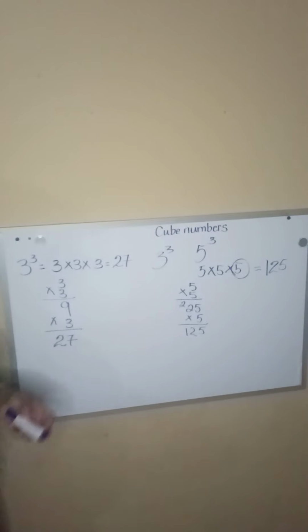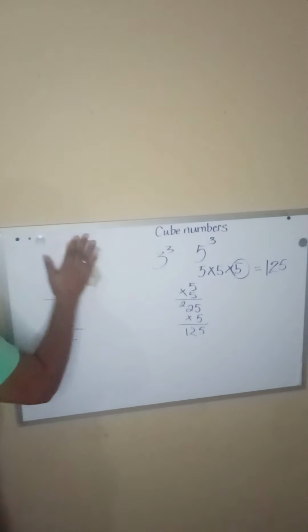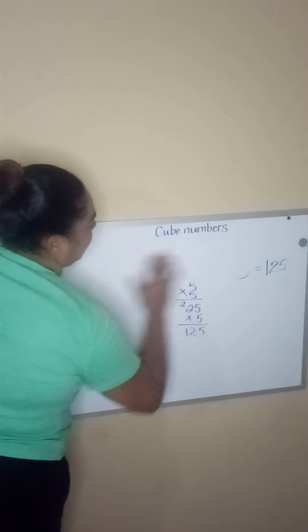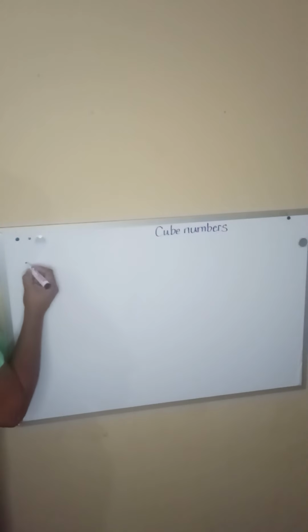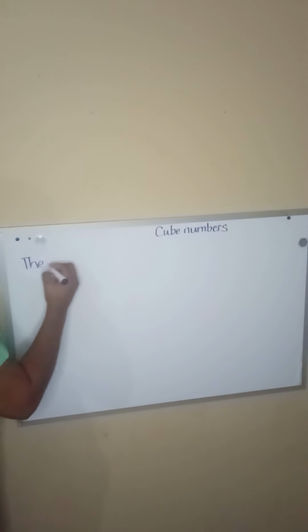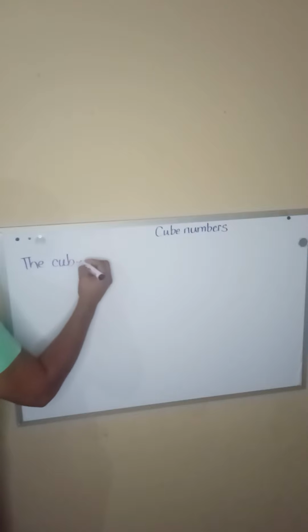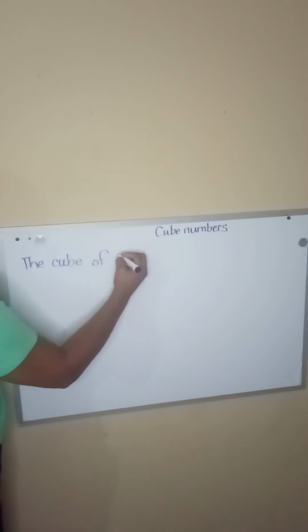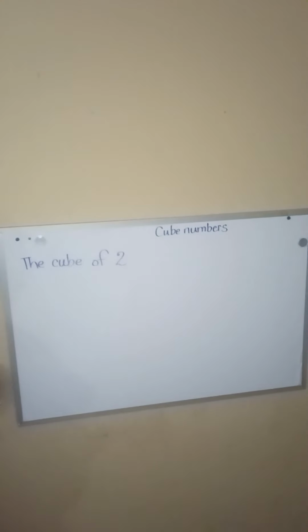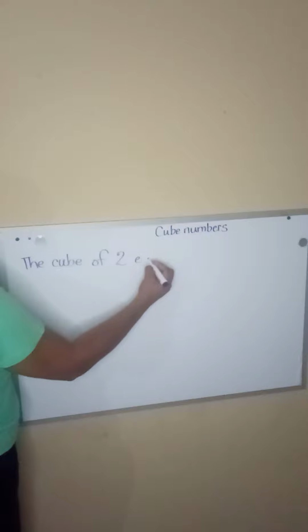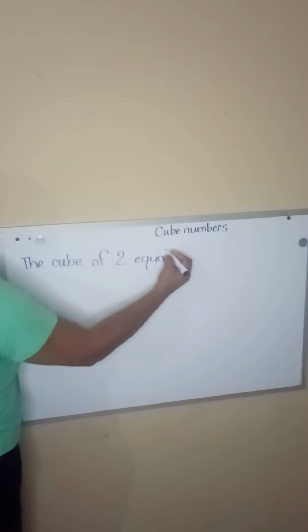Now, there's a section in your worksheet that has something like this: the cube of 2 equals a blank.